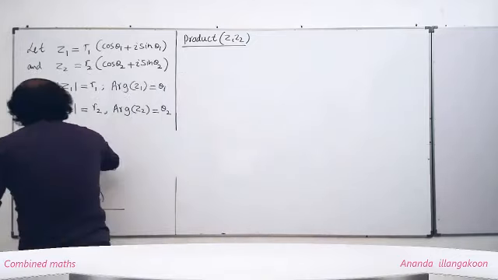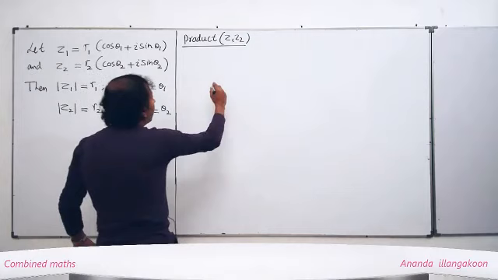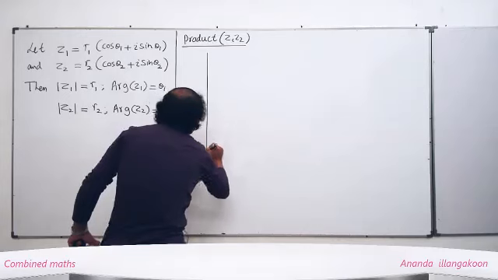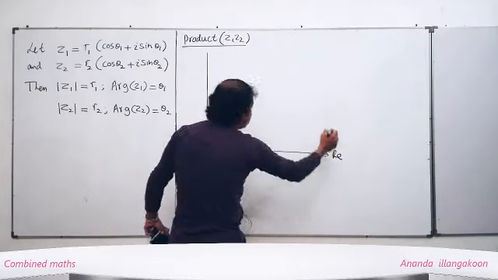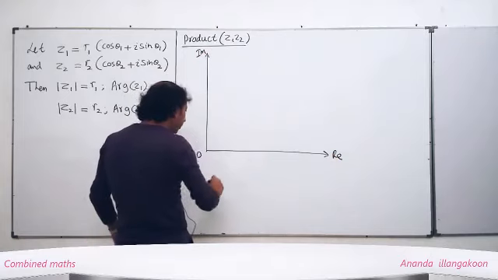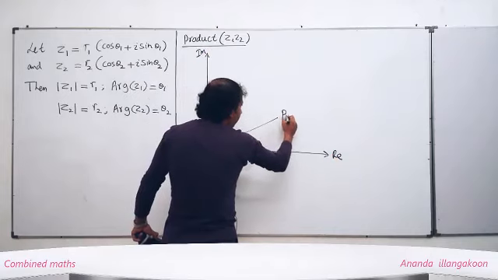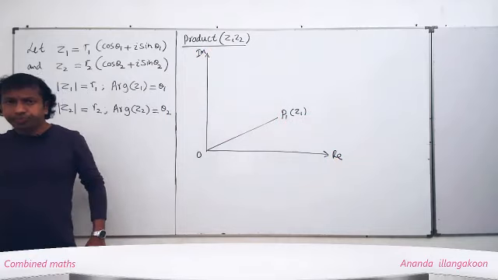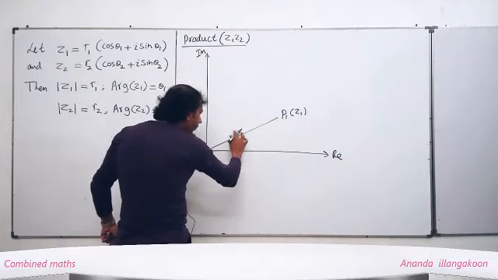Right, now I'm going to first mark on the Argand plane the complex number. This is the real axis, imaginary axis, origin. I am marking here the complex number Z1, suppose represented by the point P1. Then this length is R1.